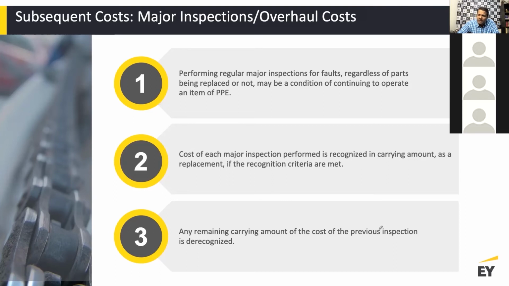Now, some people may argue, why are we not increasing it to 165? Because at the end of the day, the total cost which you have incurred is 150. The moment you take it to 165, you will also be required to record a liability of 15. That method is not acceptable. Why?